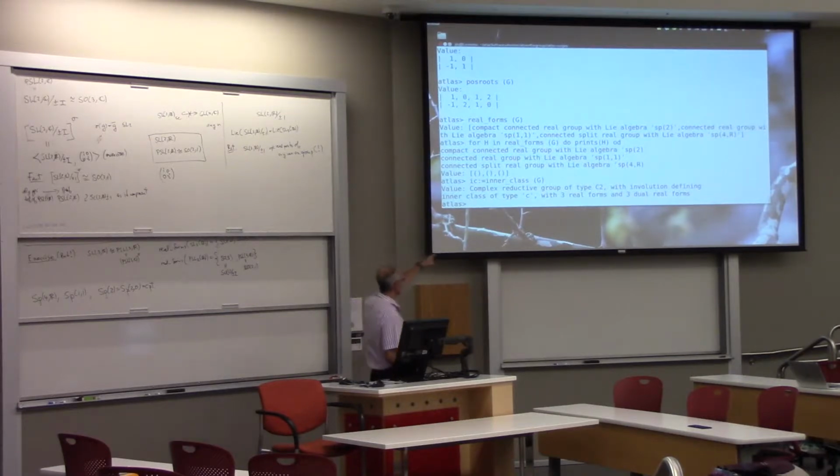So this says it's a complex reductive group, and it's a collection of 3 real forms, 3 dual real forms, but never mind. And when I ask for the real forms of SP4, I'm really asking for the real forms in the inner class of SP4, which is to say the real forms of SP4C, which is why I'm getting those 3 things.